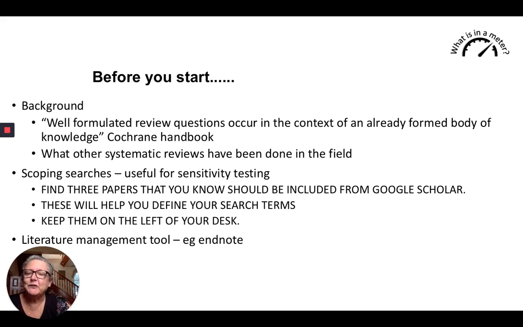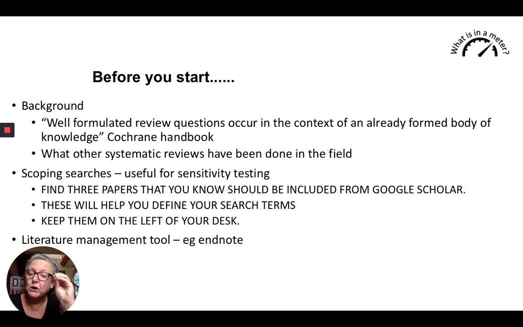So before you start, you have to have a good question. So your question has to answer what you want to know. We talked a little bit in the first session about, do we want to know if something is effective? And if we want to know if it's effective, we would include randomized controlled trials or other trials that have a control group. So the question becomes really important.